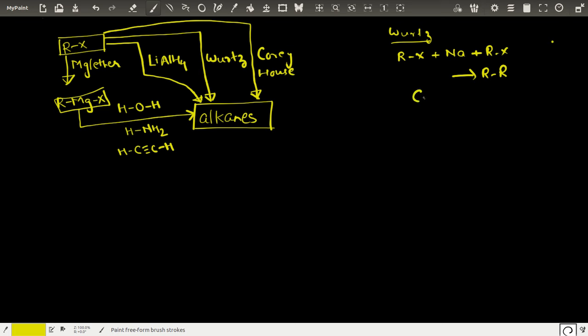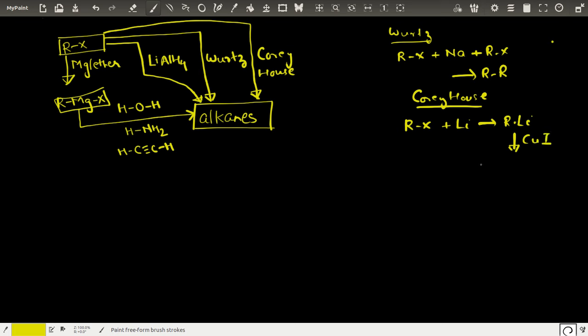Now in this Corey-House reaction we first convert the alkyl halide into alkyl lithium, okay, followed by RLi formation, right? And then reaction with CuI giving us Gilman's reagent.